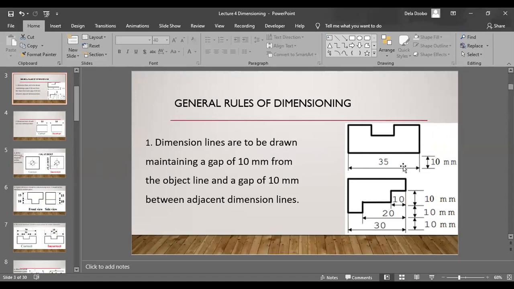So between this line and the object's line that we are trying to dimension, there should be a gap of 10 millimeters as indicated here. As you can see, all these other lines describing this object, like an inverted three steps, are also dimension lines 10 millimeters away from the particular object lines they are describing.